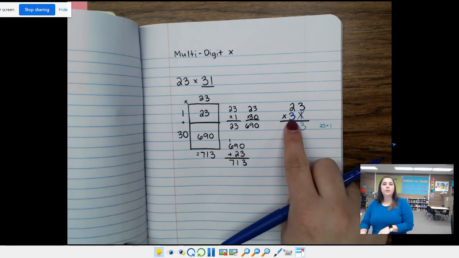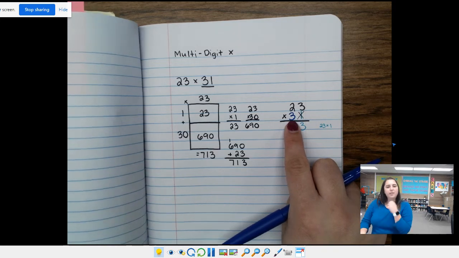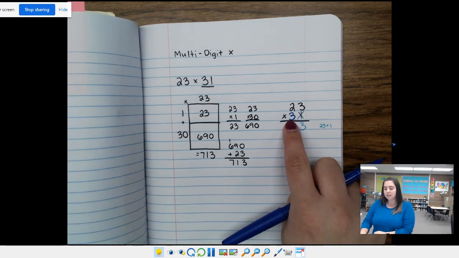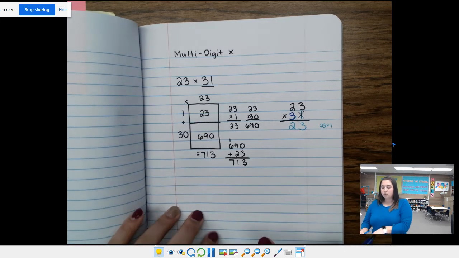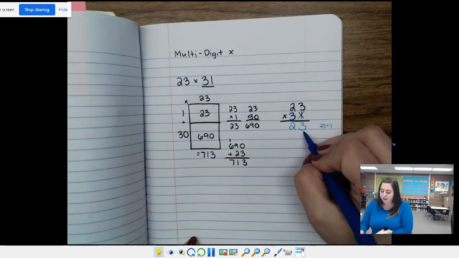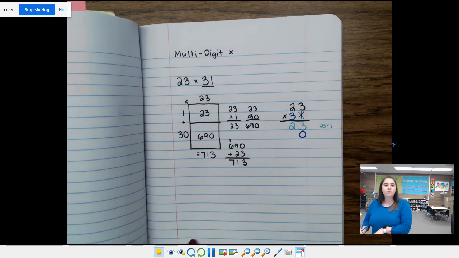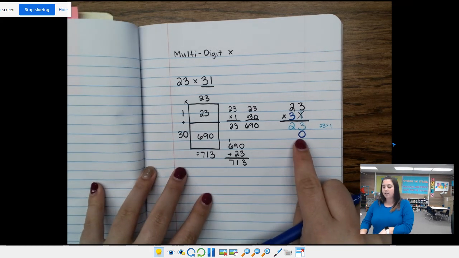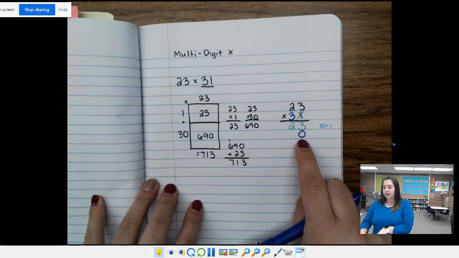Now I have one number here, a 3. But is it really a 3? This is actually a 30 because it's in the tens place. This is 31. So that 3 is actually 30. So just like we did over here, if I write a 0 here, I can now pretend it's a 3, because I've already taken care of the tens place, the 30 aspect.